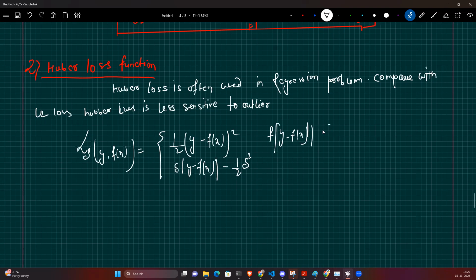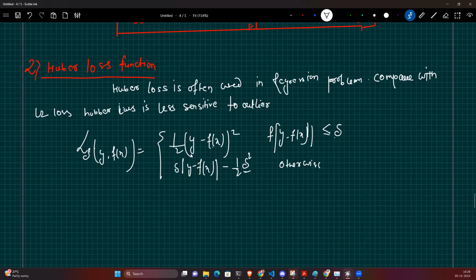The first applies when |y minus f(x)| is less than or equal to delta, otherwise the second one applies. Delta is a parameter, you don't need to remember this. Here y represents the real, actual value and f(x) represents the predicted value.